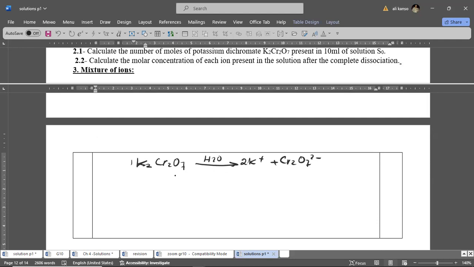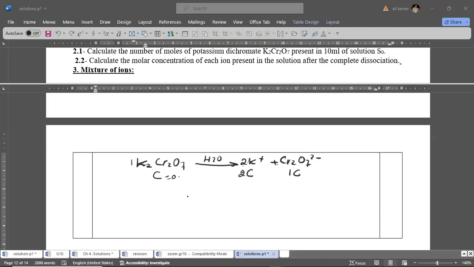Shortly, if the concentration C given of the compound is 1.3 moles per liter, then the concentration of K plus would be 2C, which is equal to 2 times 1.3, which is 2.6 mole per liter.